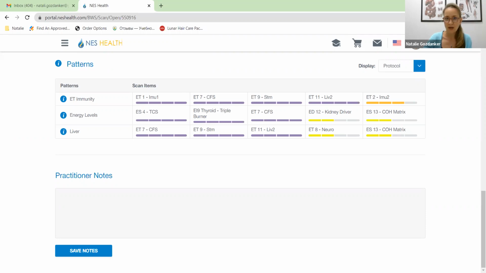So nutraceuticals work on the body field, okay, which is the scaffolding structure of the body that takes care of everything else on the chemical level.